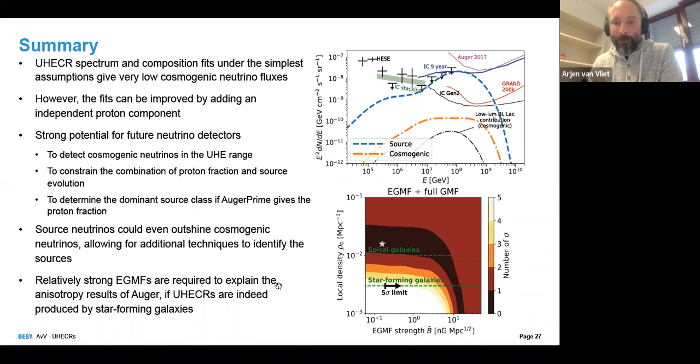And if you now also include source neutrinos, then depending on the specific sources that you're looking at, these source neutrinos could even outshine the cosmogenic neutrinos and are also definitely interesting to look at. And if you now include arrival directions as well, then you need either relatively strong extragalactic magnetic fields or rather large source densities to explain the results of Auger. Thank you.